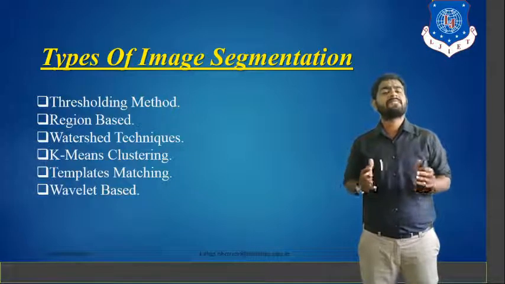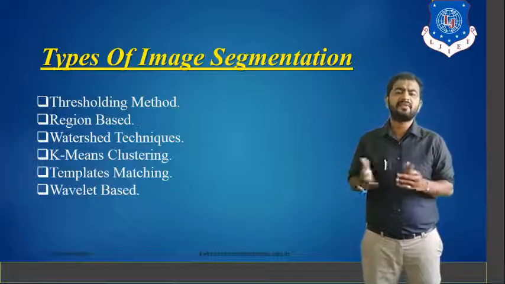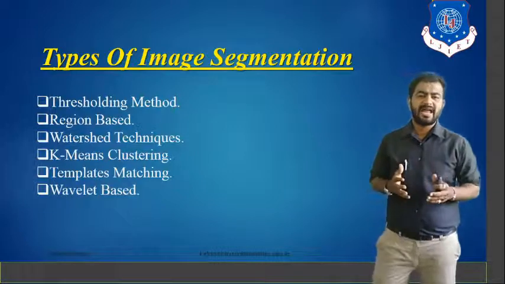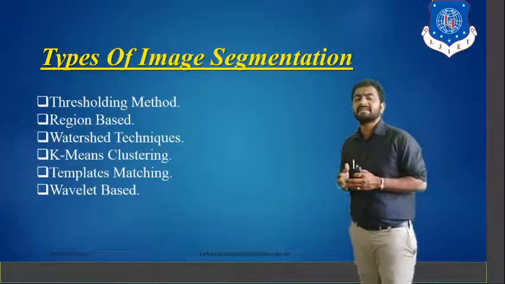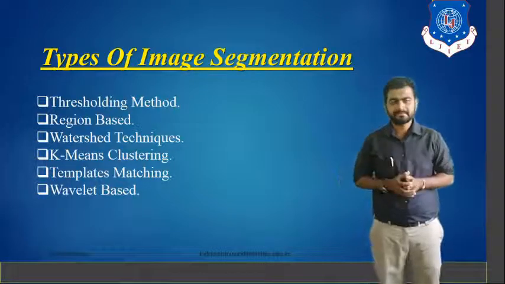There are a number of image segmentation methods available, but we are considering a few of them as per our syllabus. And the most popular segmentation technique, as you can see, is the thresholding method.